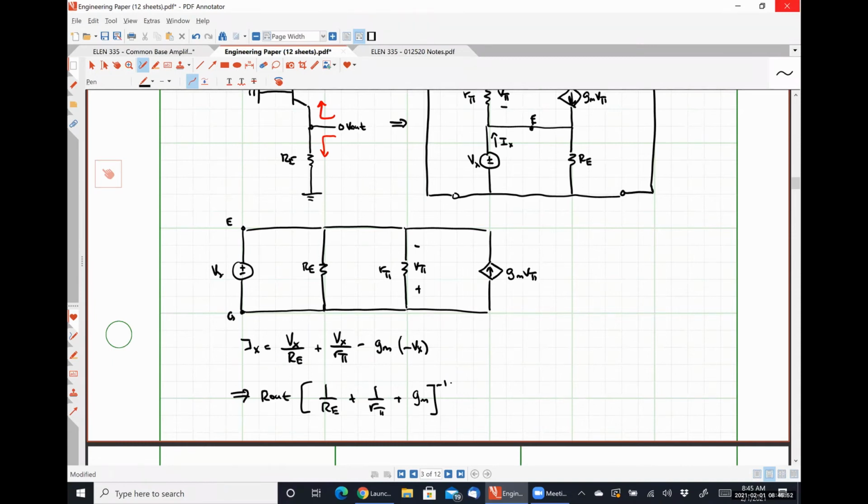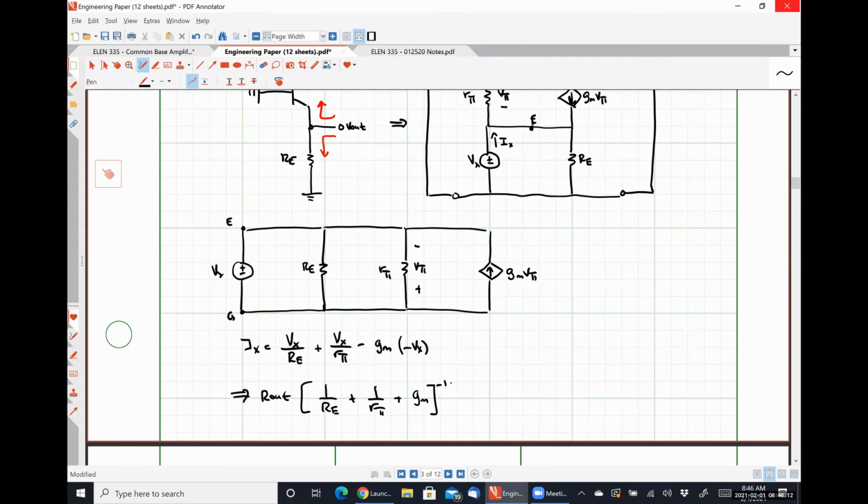So from the output terminal, I see Re in parallel with 1 over R pi in parallel with 1 over gm. So it's not just as simple as saying, well, it's Re because it looks like it might be Re, right?